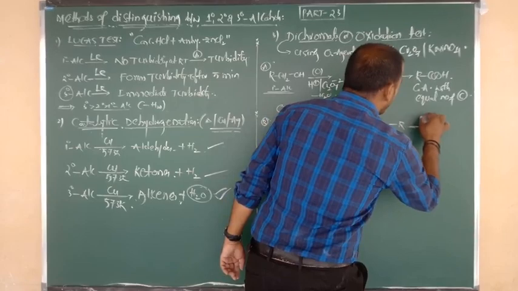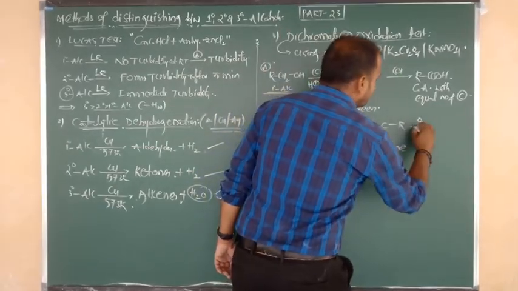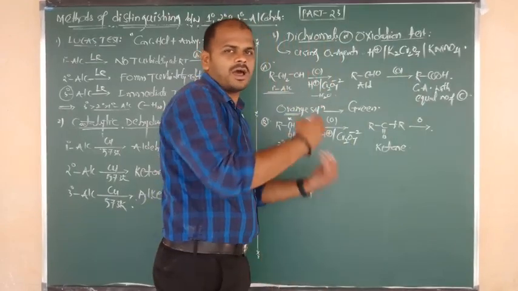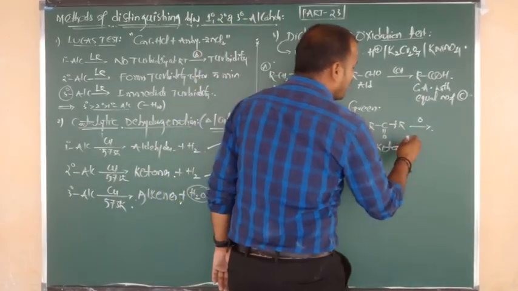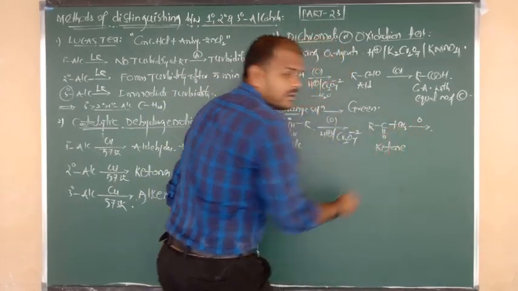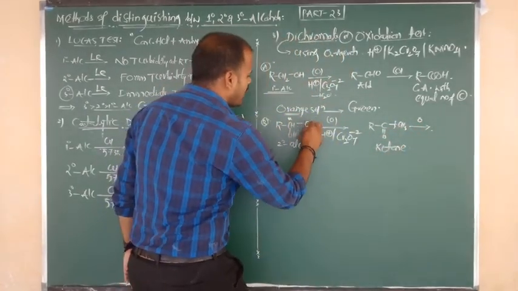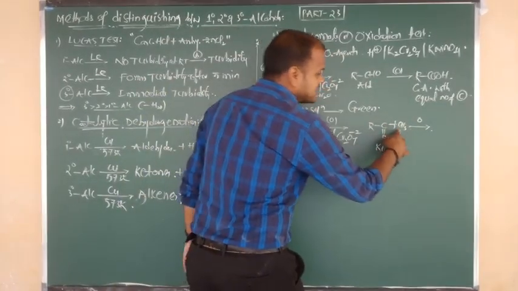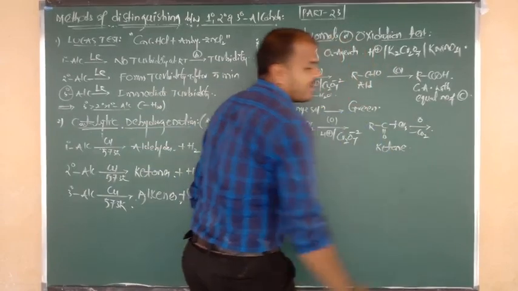So ketones upon oxidation, definitely bond breaking takes place between the carbon and the R group. One of the R groups is eliminated. Suppose in that R I am going to write CH3, no problem. In that CH3, the C is removed in the form of CO2.